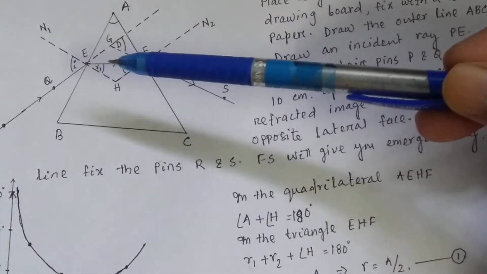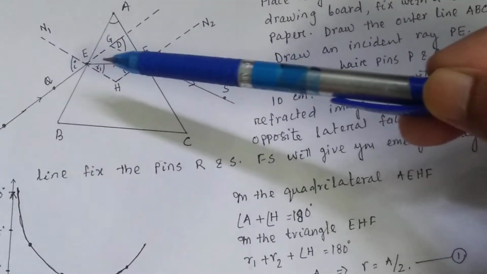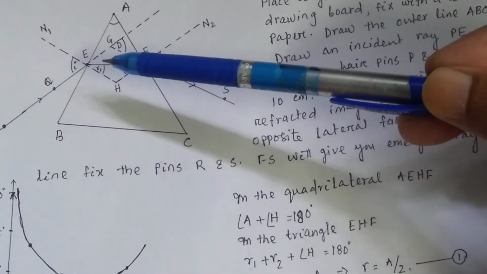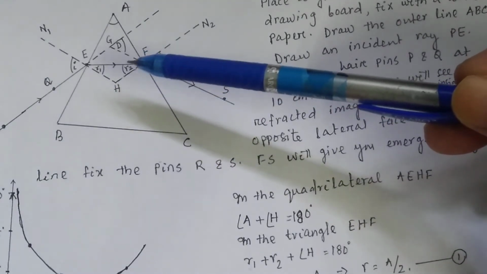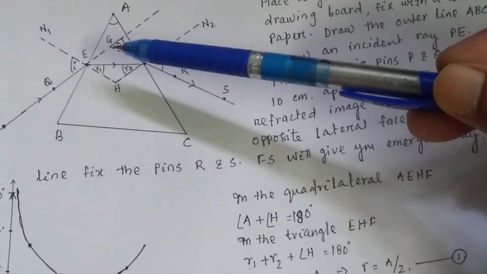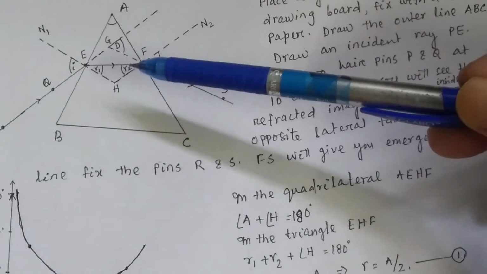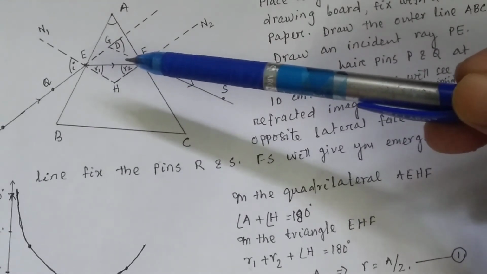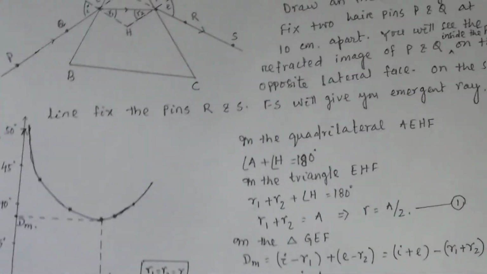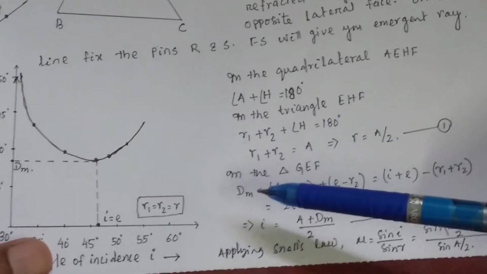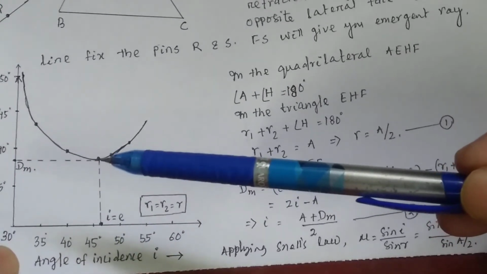Again, you see this angle is I and this angle is R1. So angle GEF is equal to I minus R1. Similarly, this angle is R2 and this angle is E. So angle GFE is equal to E minus R2, and E minus R2 plus I minus R1 will be equal to the angle D. I have taken here Dm because the deviation here is minimum.